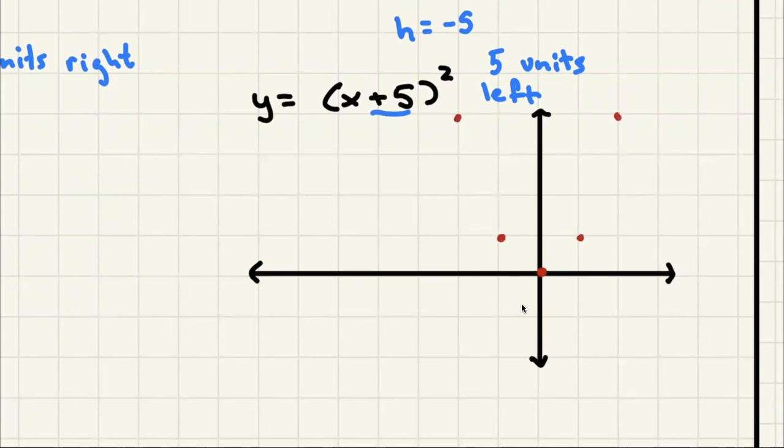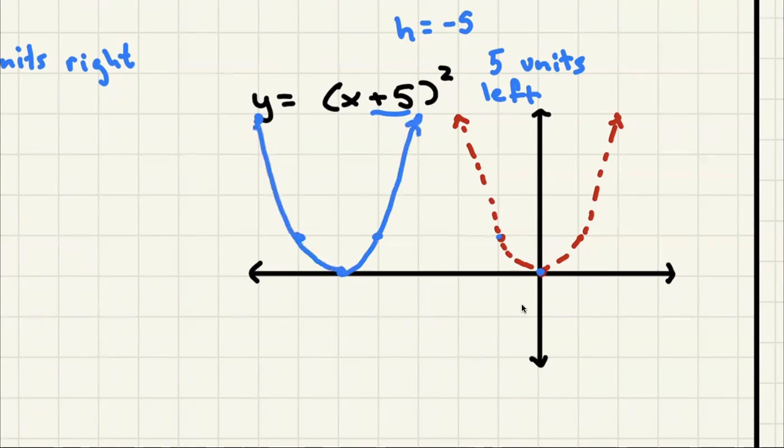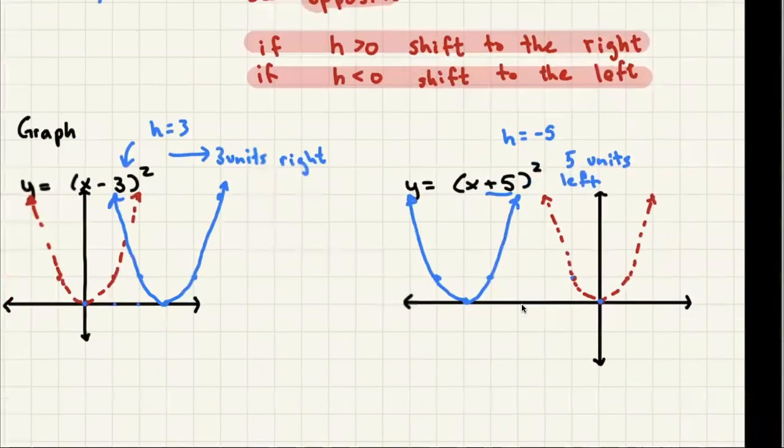This is called our parent function, because we do everything based off this graph. So we're shifting 5 units to the left. This point goes 1, 2, 3, 4, 5. This point goes 1, 2, 3, 4, 5, and it's symmetrical. Then you go up here and up here, and this is our graph. And that's our horizontal shifts.